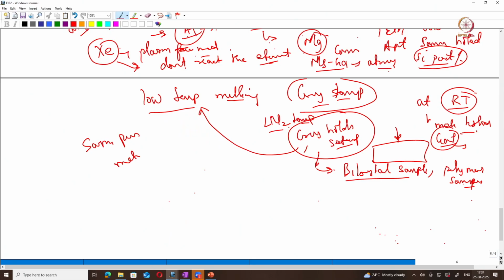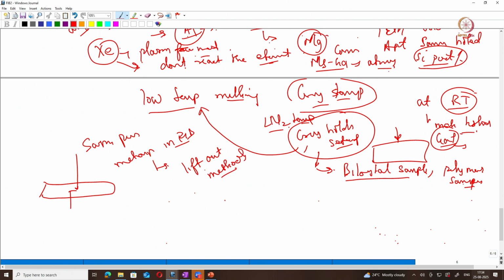More on the sample preparation methods in FIB, we'll briefly go through in the next class, where we have different lift out methods. As I told you, your ion beam falls on the sample surface and you are milling the sample, making just cross section samples. But we can also do in plane lift out methods.